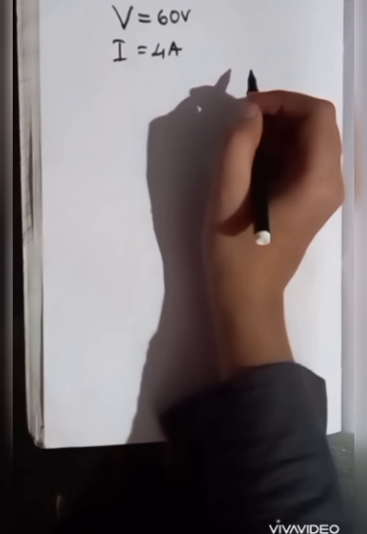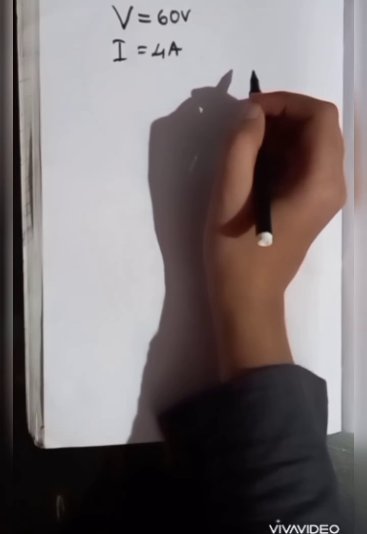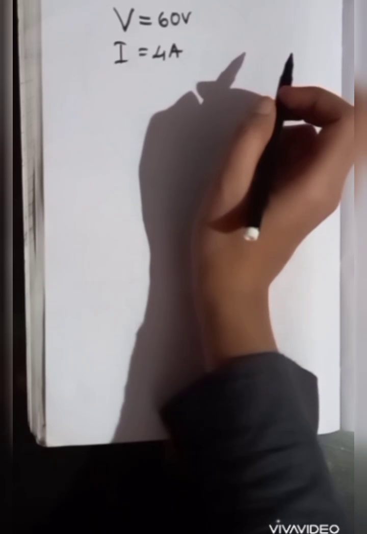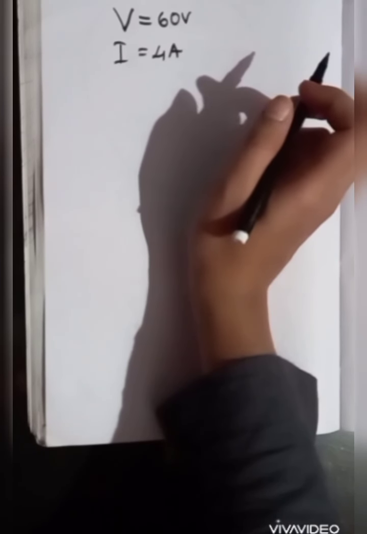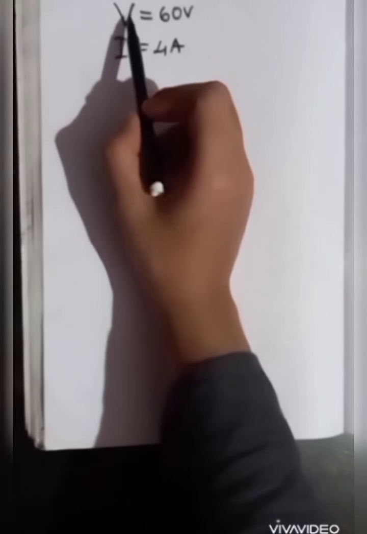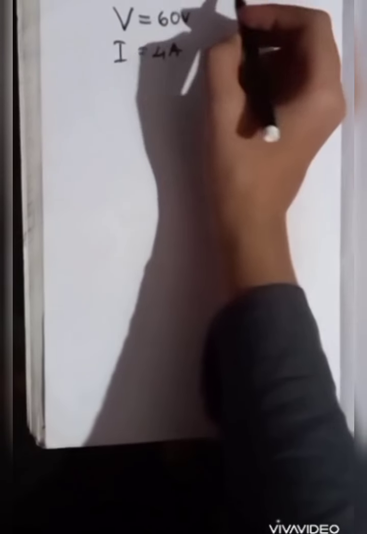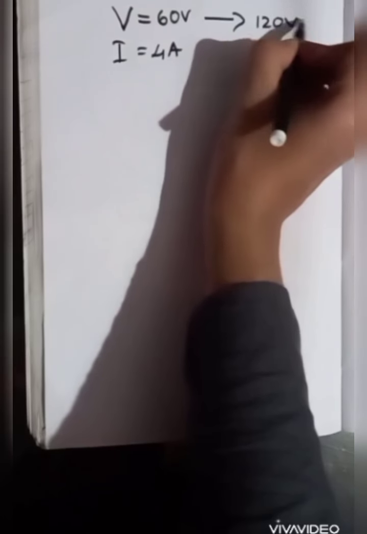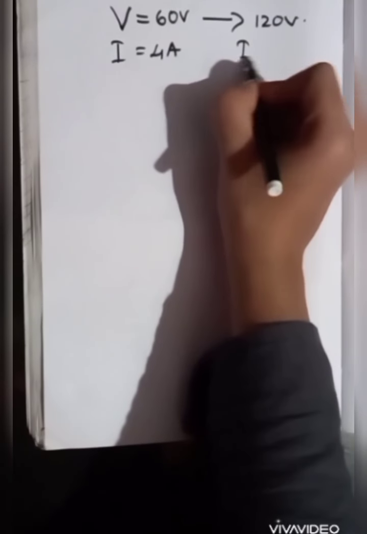What current will the heater draw if the potential difference is increased to 120 volt? That is, when the potential difference is increased to 120 volt, what will be the current?